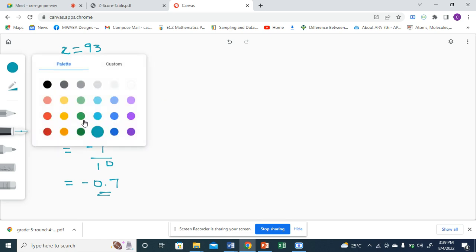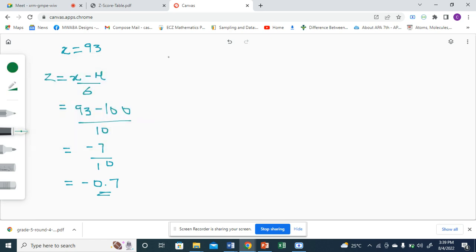Then the second one we have to tabulate for is when x equals 116, because we want to find the probability between 93 and 116. So you're going to say z equals x minus mu divided by the standard deviation.